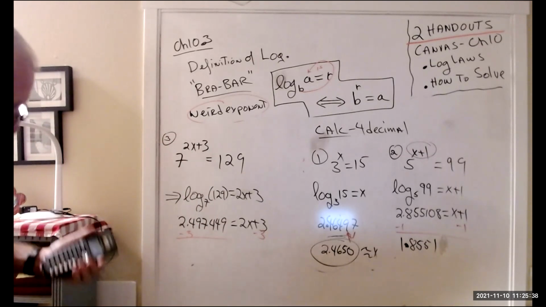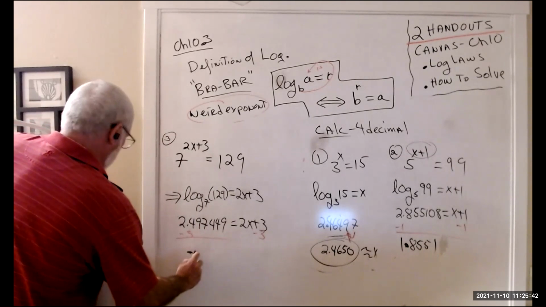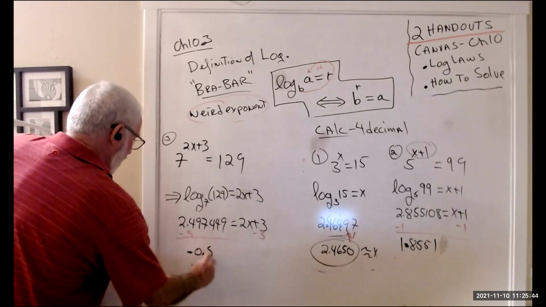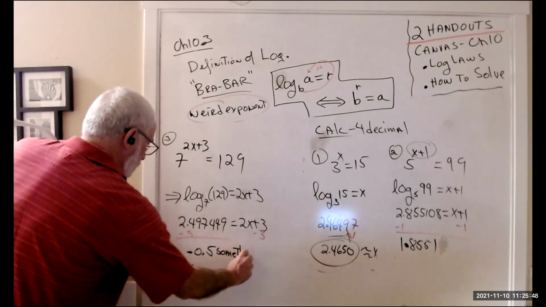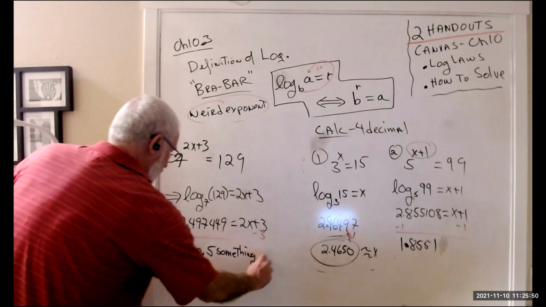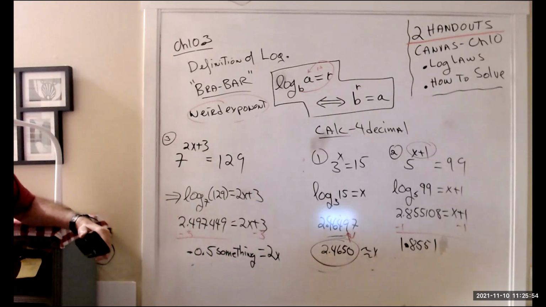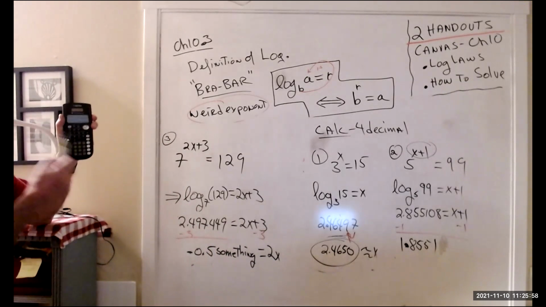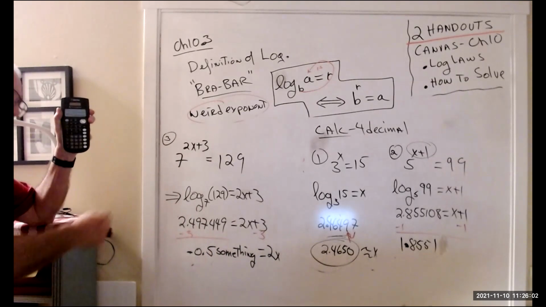And I have, okay, negative 0.5 something equals 2x. Now that's kind of important, because the real accuracy is in my calculator, not what I'm writing on the board.